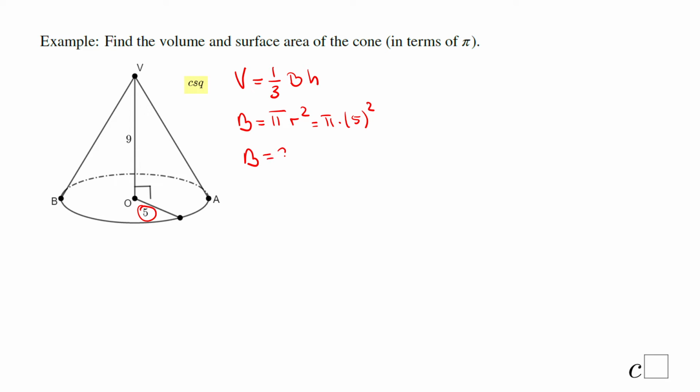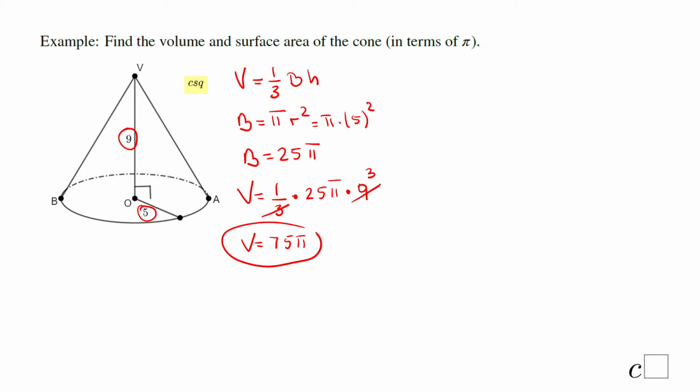So the area of the base is 25 pi, leave it like that in pi. And let's move to the volume, which is 1/3 times this 25 pi times the height. The height is this 9. So here I guess we can also simplify like this, and we have 3 times 25, that is 75 pi cubic units, the volume of this cone.